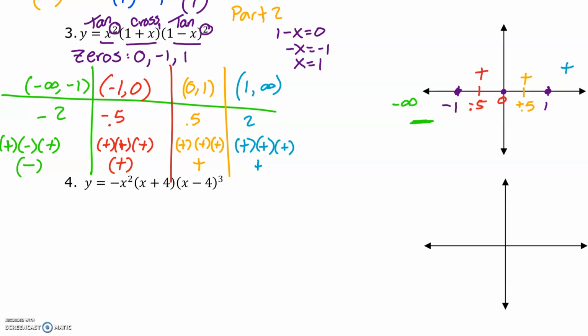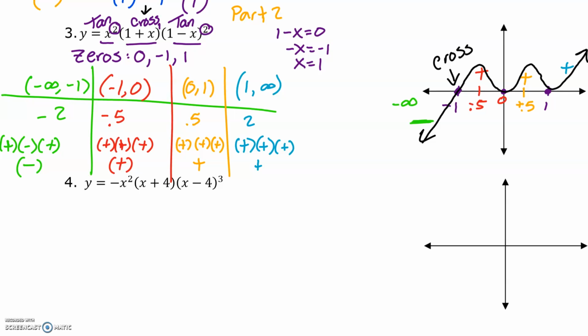So when we graph this, and I'm going to go to a black line, we're going to end up starting off in the negative direction. So our end behavior is negative on the left side, and then it's going to come up. It needs to come back down, tangent, up, tangent, and then all the way up, kind of like a roller coaster. So this point is because of the -1, that's going to cross, just like our middle term tells us that it's going to do.